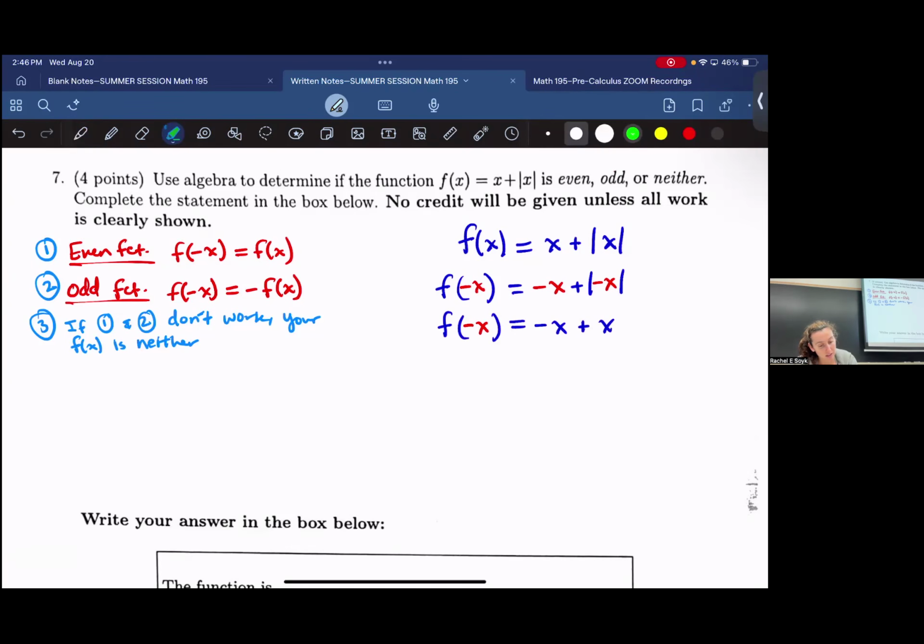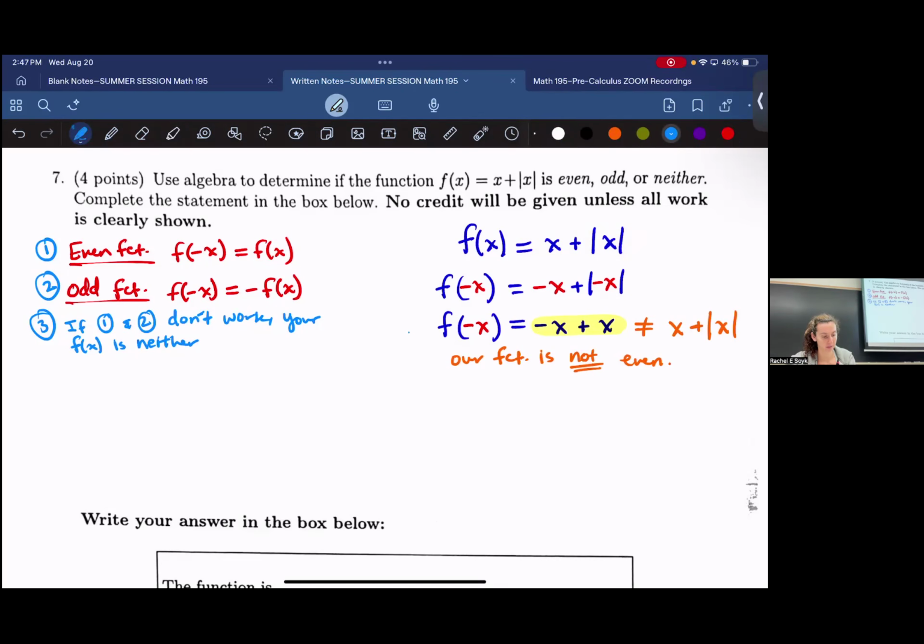Is this equal to our original function? Because this is not equal to x plus absolute value of x, our function is not even. And then we have to move on to step 2.